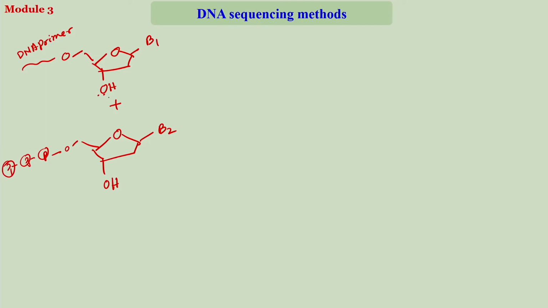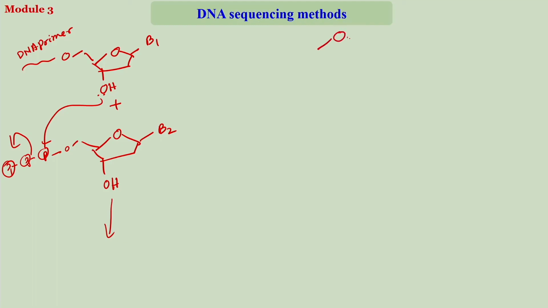So, polymerase was catalyzing this reaction, this was eliminated, and that is how you get the new phosphodiester bond, and then again the 3 prime hydroxyl of this B2 will be free and it will continue the synthesis. That was the normal reaction that is catalyzed by the enzyme polymerase during the replication process.